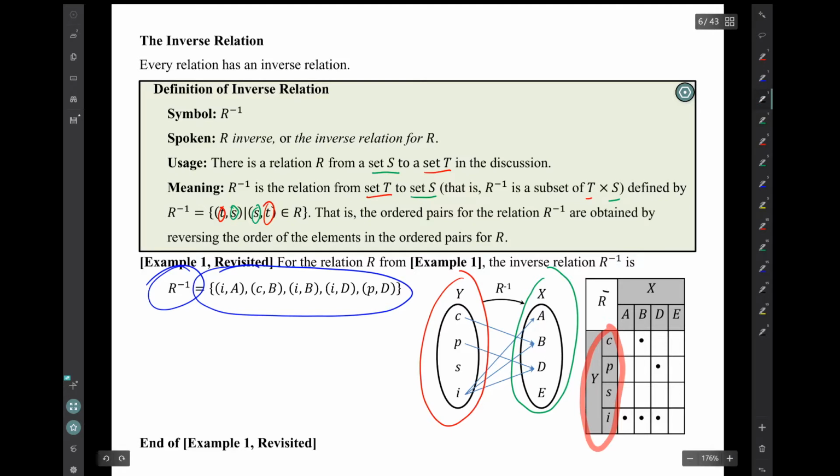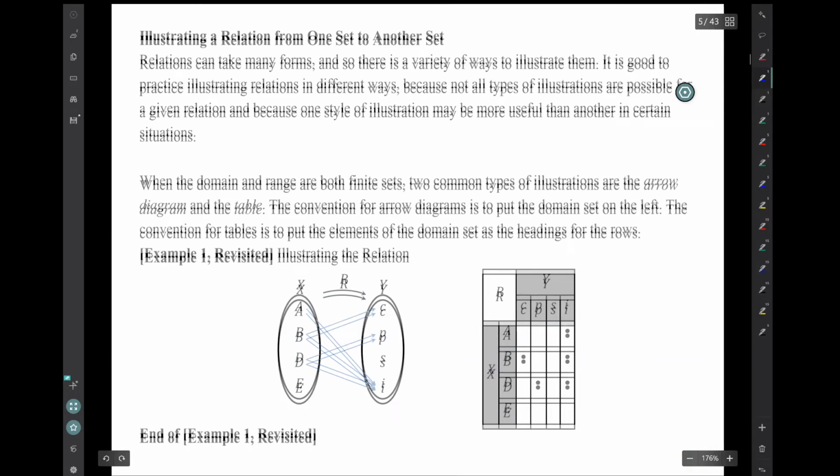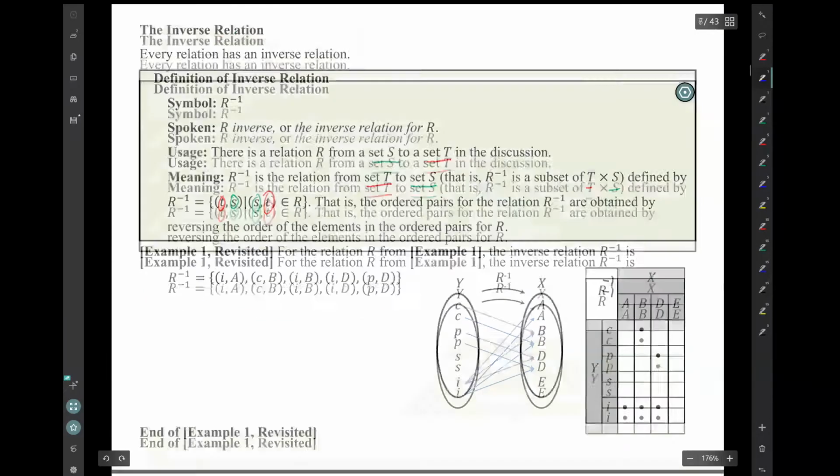And the elements of the range of capital R inverse are the elements of set capital X. They go in as column headings. So notice this configuration of arrows looks different from the configuration of arrows that we had in the previous diagram. And the configuration of dots in the previous diagram looks different than the configuration of dots in the new diagram.